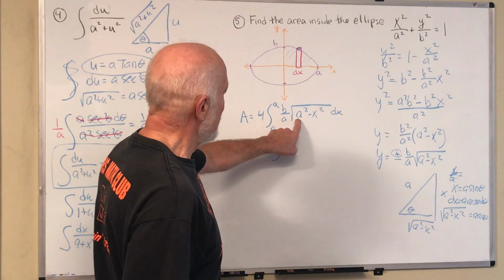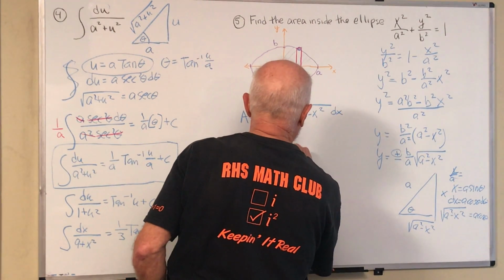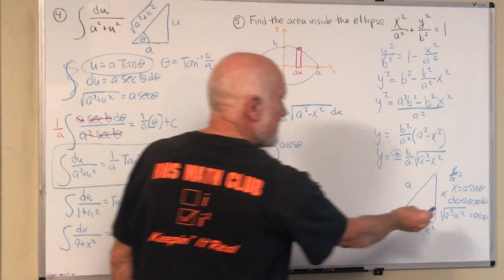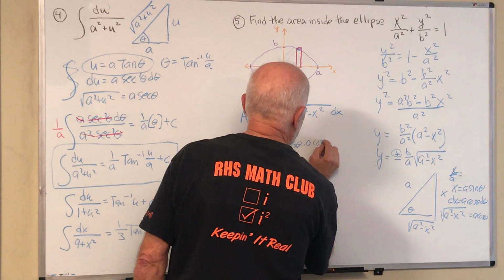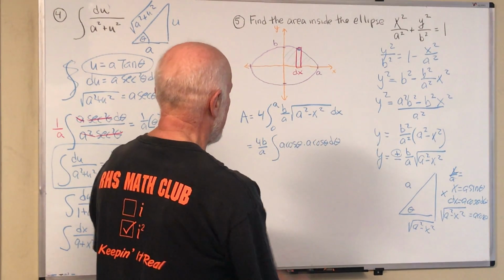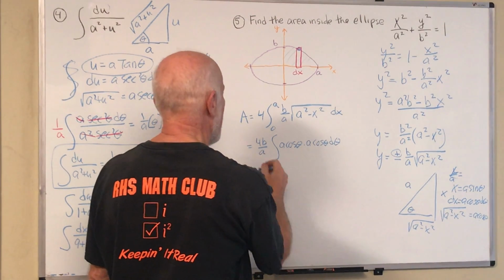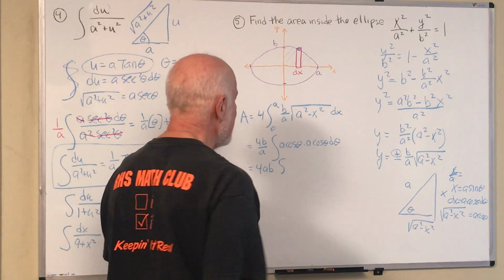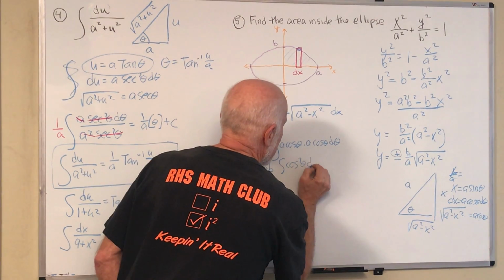So what are you going to put for the square root of a squared minus x squared? A cosine of theta. And dx is a cosine of theta d theta. So we have a squared. So if I take the a squared out, I get 4ab times the antiderivative of cosine squared of theta d theta.